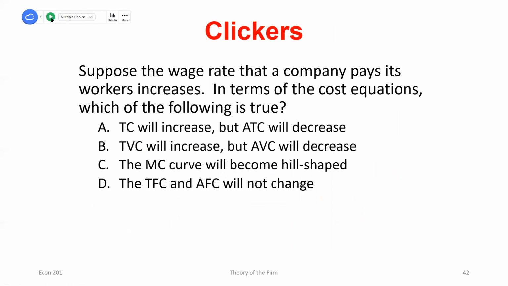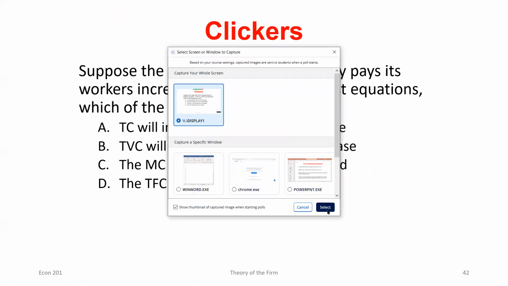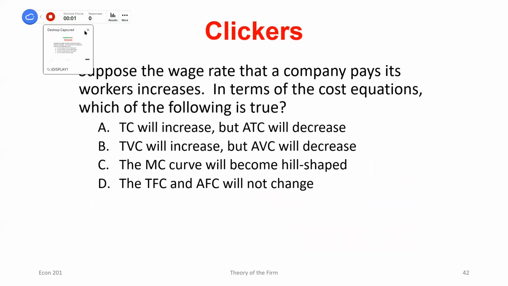Okay, so I've got a conceptual question to get an idea of how we're following the discussion of everything in that table. Suppose that we see the wage rate that the company is paying employees change. In terms of our cost equation, which of the following is going to be true? You've got these different combinations of total costs and average cost changing. What we're thinking about here is our wage rate.